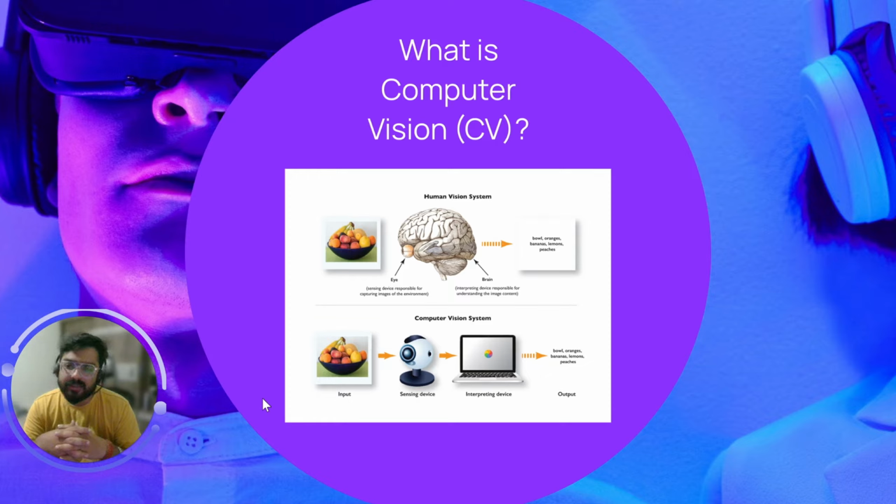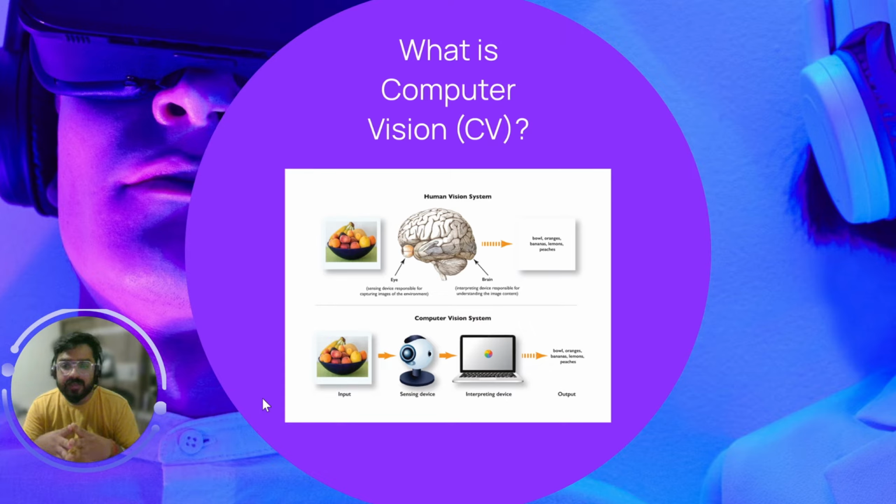Let's go more technical. Computer vision is a multidisciplinary field of artificial intelligence. Artificial intelligence has various fields like computer vision, data science, NLP, etc. But this field especially empowers computers to extract information and meaning from visual data such as images and videos.